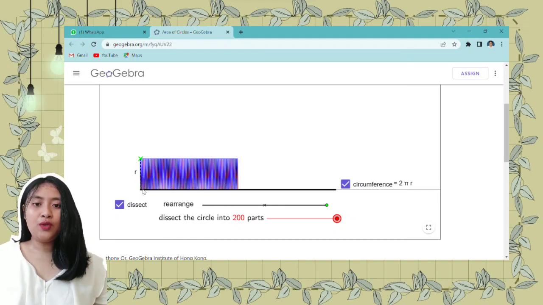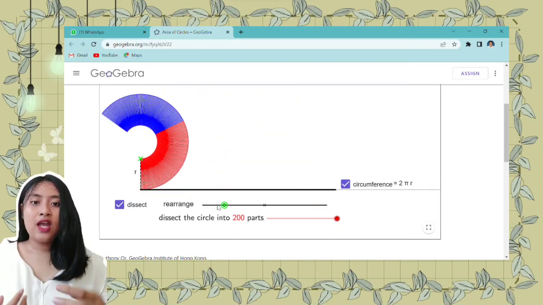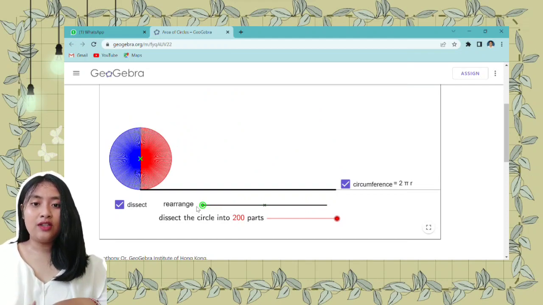From this picture, we can see the length of the rectangle is pi R and the height is R. So we get the area of that rectangle is pi R squared. And because the area of the circle equals the area of the rectangle, the area of the circle is pi R squared too.